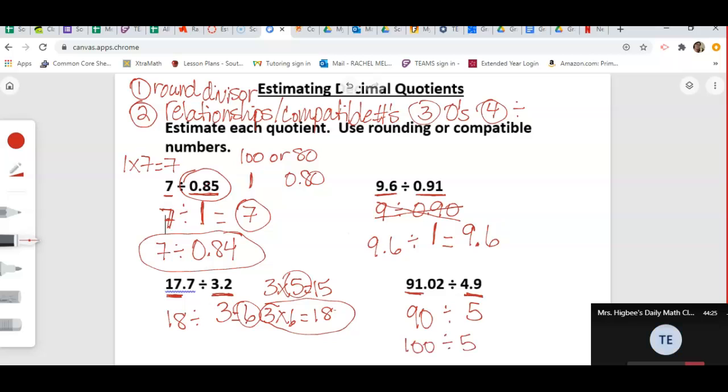Okay. Right. Well, except that this is a whole number, right? So I'm kind of not thinking about this right now. I'm just thinking of it as a whole number. Because I know that 100 divided by 5 is 20. I know that pretty quickly. But because that went way up, that's like a way overestimate, right?